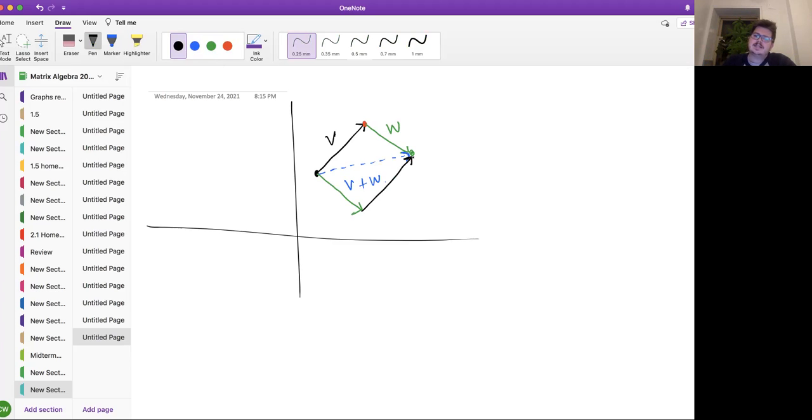All right, so we're out of time, so I'll extend the homework because we're going to talk more about vectors on a plane.